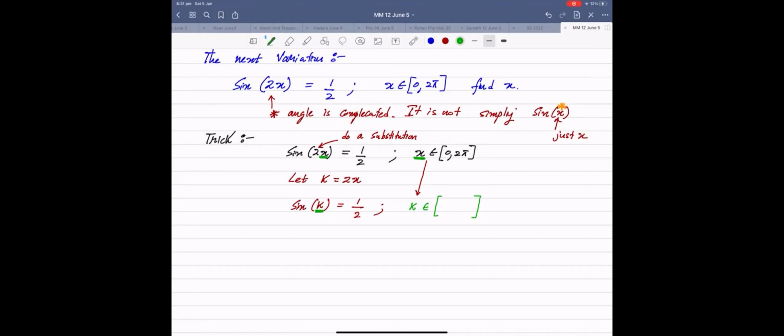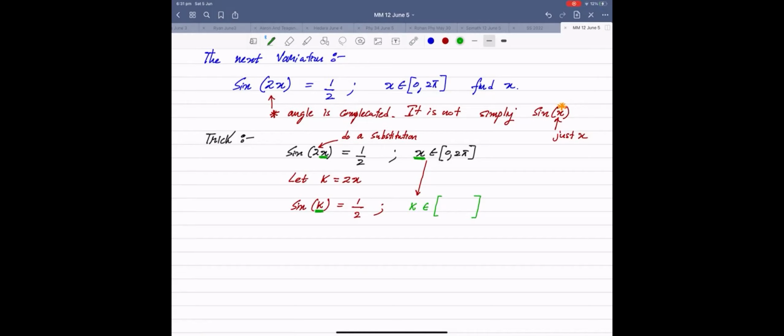Because inside the angle, it is a little complicated, so we had to get a substitution, k. Once you define k, sin k is equal to half. But when you define your domain, you have to have the k domain, you cannot have the x domain. Why? Compatibility should be there.